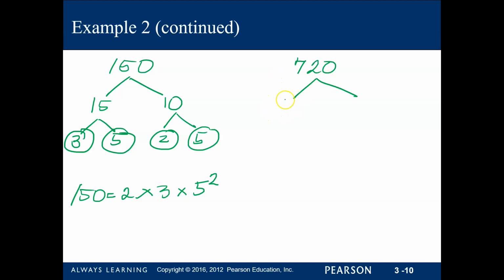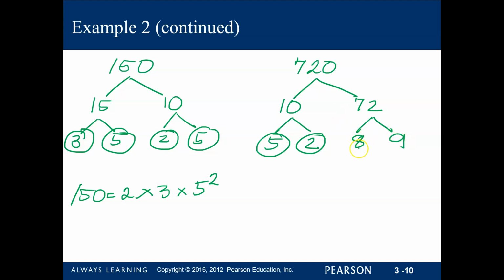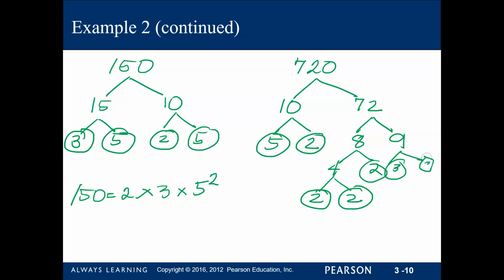So this is 10, this is 72. 10 could be replaced by 5 and 2, and they are both prime numbers. 72, if you have it quickly, that's an 8 times 9, okay? 8 could be divided by 4 and 2, and then 4 could be branched out to 2 and 2. So these are already prime numbers. On the other hand, we have a 9, this is a 3, and a 3 also here.